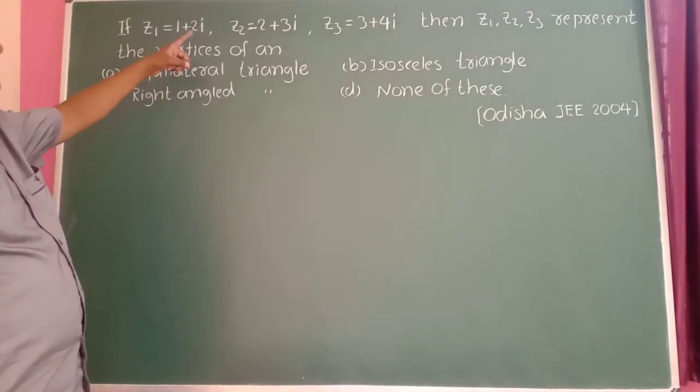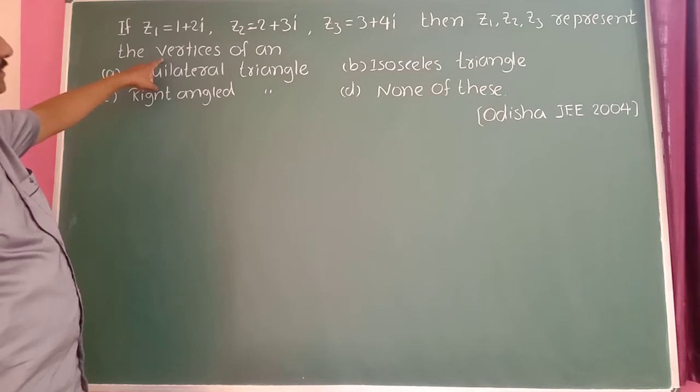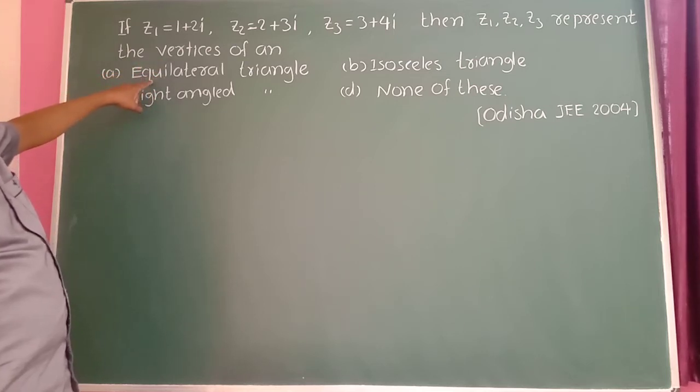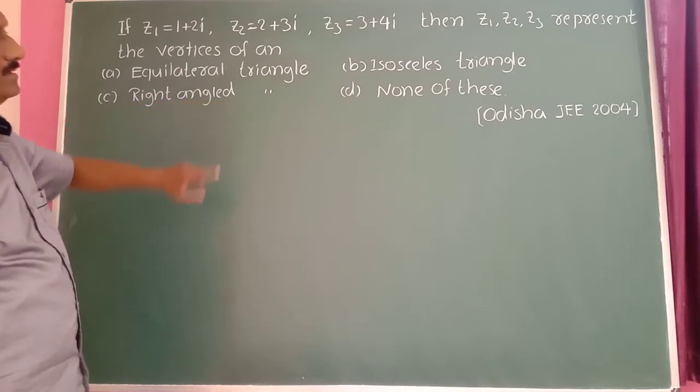So 3 complex numbers are there. z1, z2, z3 represent vertices of an equilateral triangle, isosceles triangle, right angle triangle, or none of these.